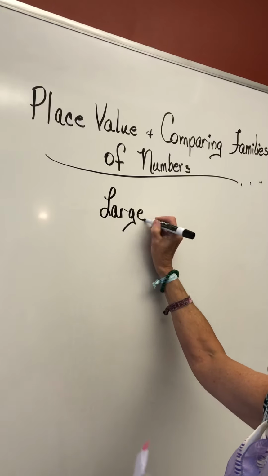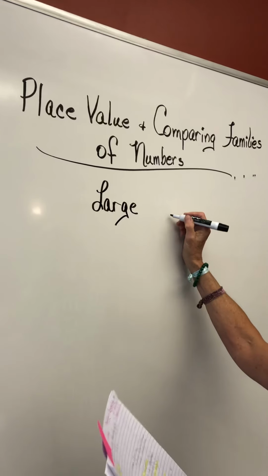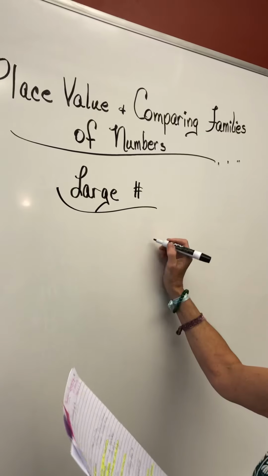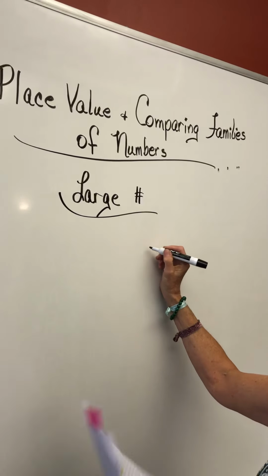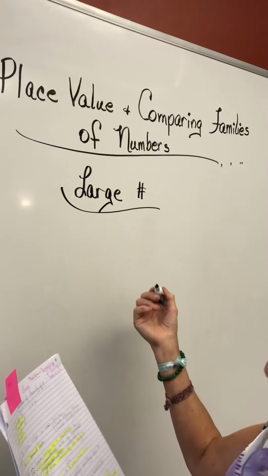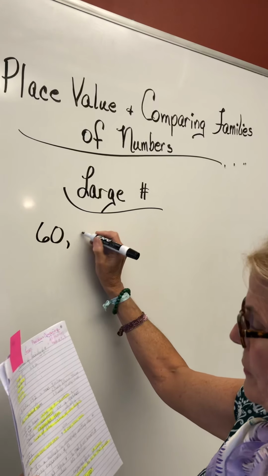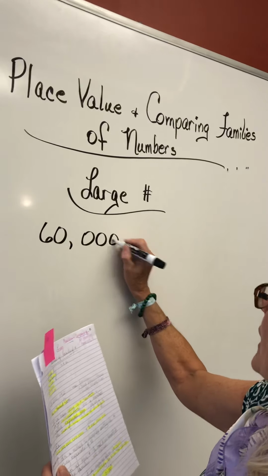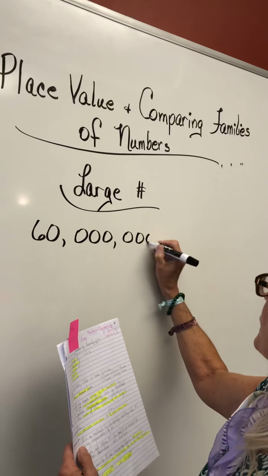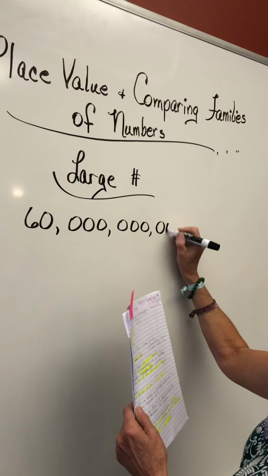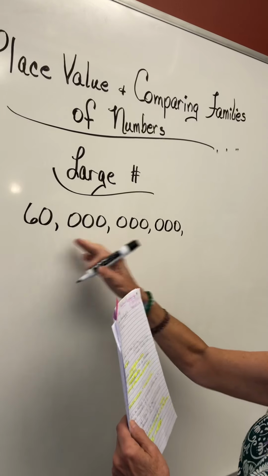Scientists, mathematicians work with large numbers. So they have come up with an abbreviated way to work with numbers. And let's take this number, see if you can figure that out. That's quite a few zeros, holding those family and places.